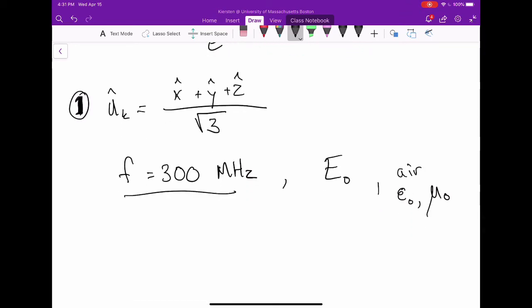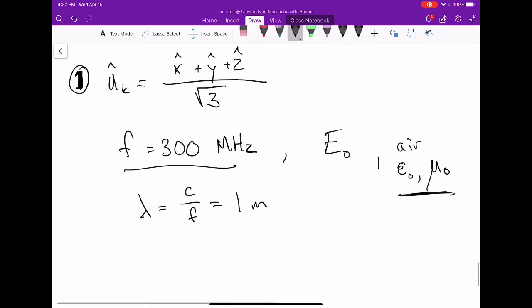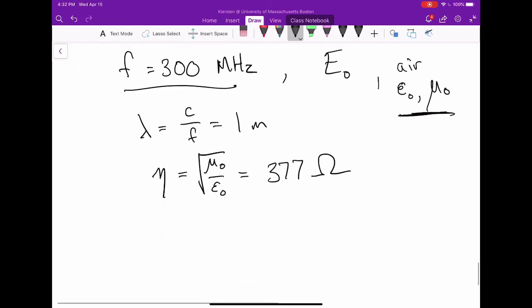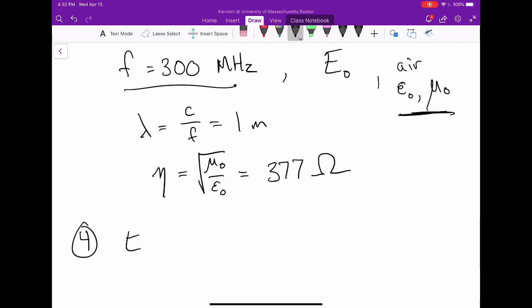Based on the frequency and the fact of air, I know that the wavelength is the speed of light divided by the frequency, which is 1 meter. And I know that the intrinsic impedance is the square root of mu naught over epsilon naught, which is 377 ohms. And then last, I'm going to say that the electric field is linearly polarized and perpendicular to Z.